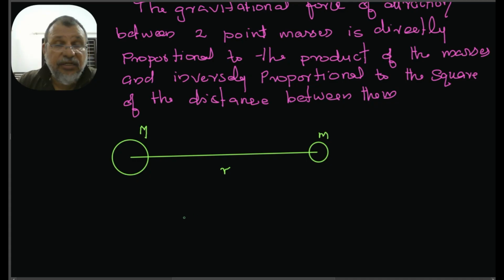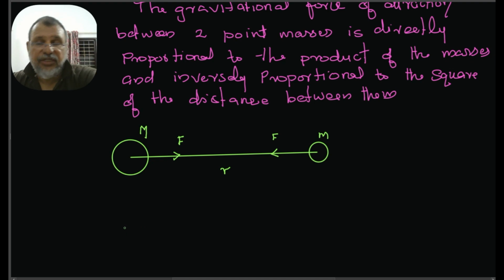Then by Newton's law of gravitation, the small m will be attracted toward the first body, and the first body will be attracted toward the second body. These two forces are equal and opposite, forming action-reaction pairs by Newton's third law.